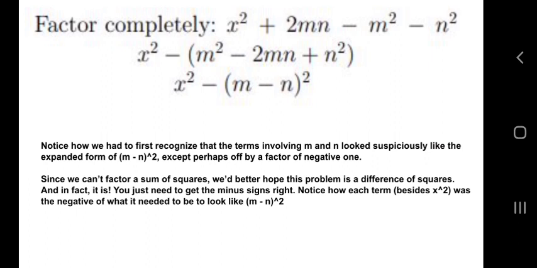Notice how we had to first recognize that the terms involving m and n looked suspiciously like the expanded form of m minus n squared, except perhaps off by a factor of -1. And of course, if that was a sum of squares, we wouldn't be able to factor it, right? If it was x squared plus something else squared, that's not factorable. So we'd better hope that it was x squared minus something else squared, which is exactly what it ended up being.